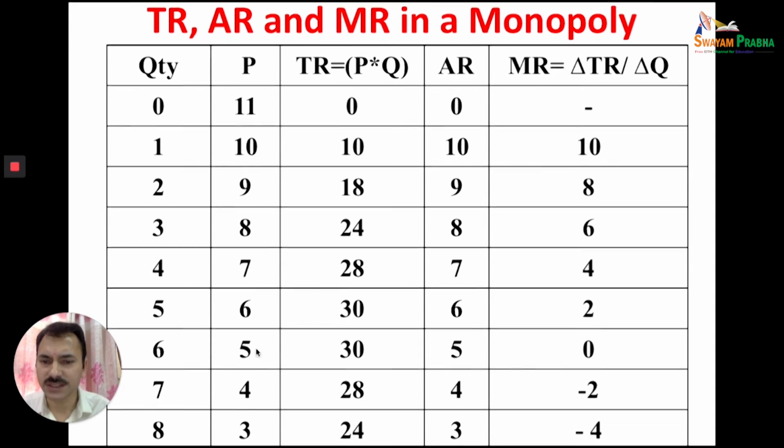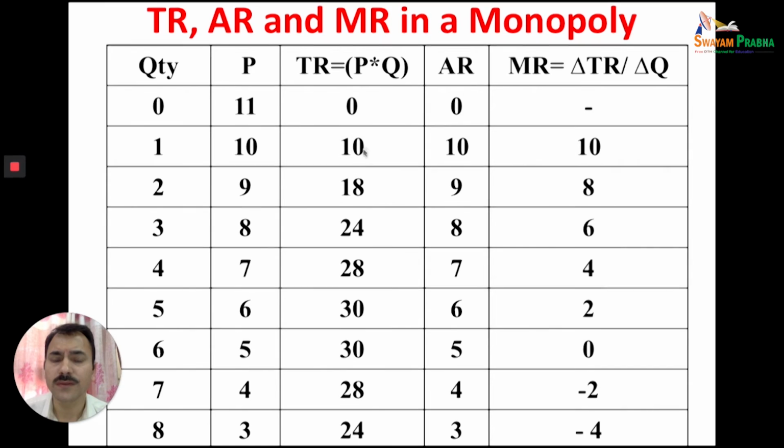As price decreases, quantity starts increasing. Price 10, quantity demanded 1. Price 9, quantity demanded 2; 8, 3. As the price decreases, the quantity demanded by the consumer increases. This means the producer is able to sell more quantity when he reduces the price of the commodity.